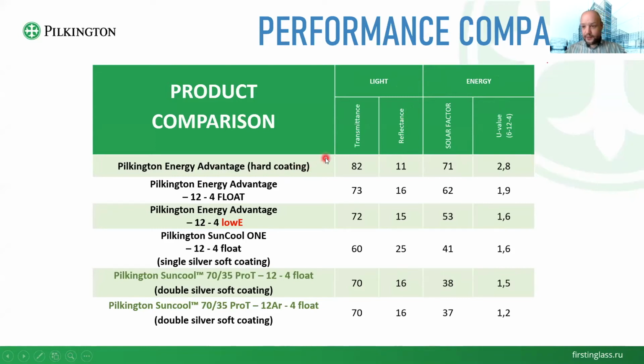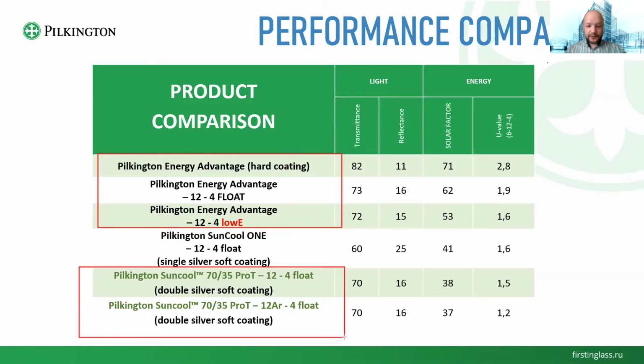For convenience, I took Energy Advantage glass, which is also produced by Pilkington. As you may see, here are the hard coatings, and here are double silver soft coatings. And in between them, just for comparison, a single silver coating.